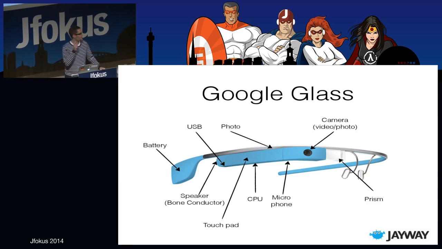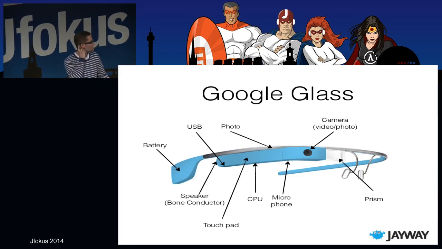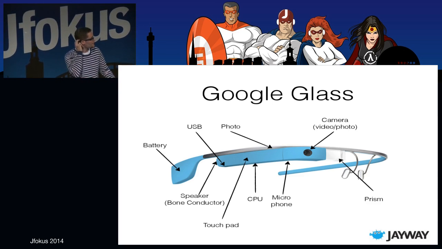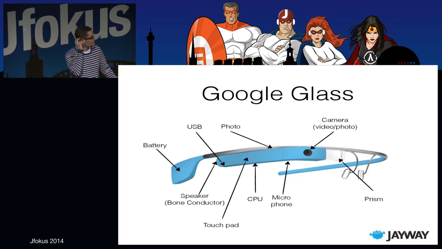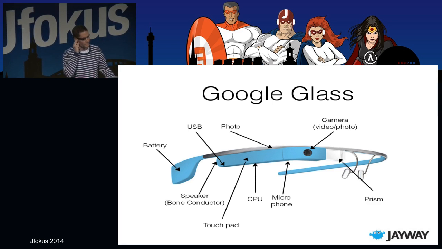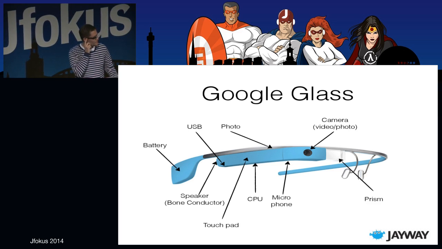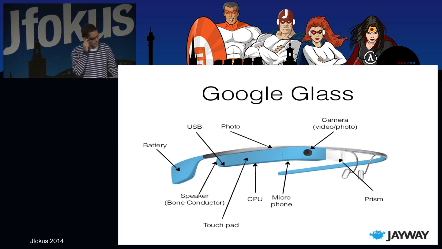There is a battery behind your ear. It might look big, but it's quite tiny. The entire Glass device weighs in at about 30 grams. There is a speaker next to the ear. You have a USB connector. There is a touchpad on the side, so that's how you operate the glasses.